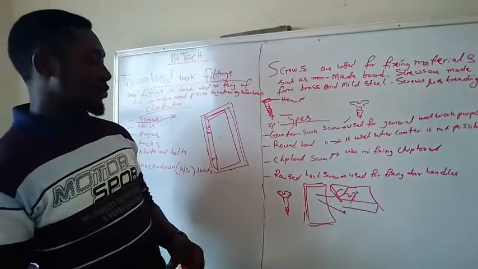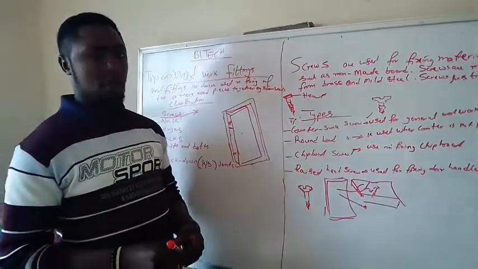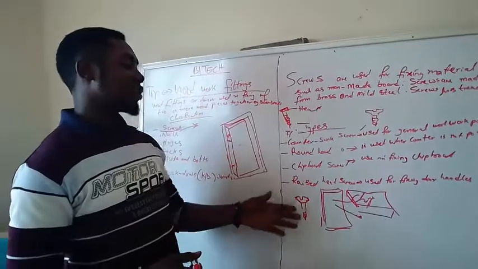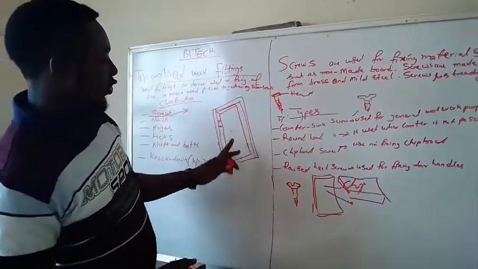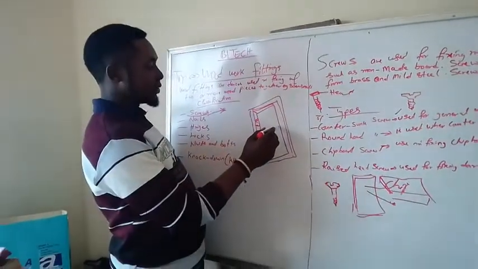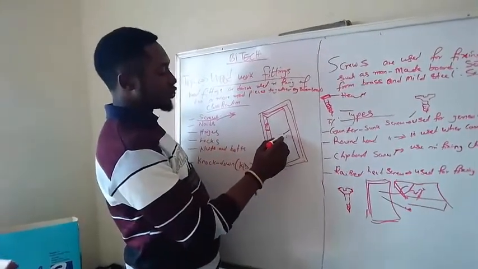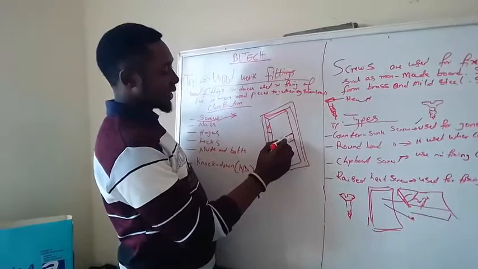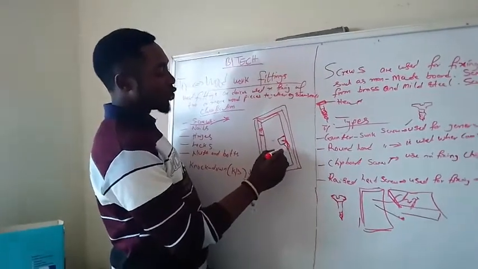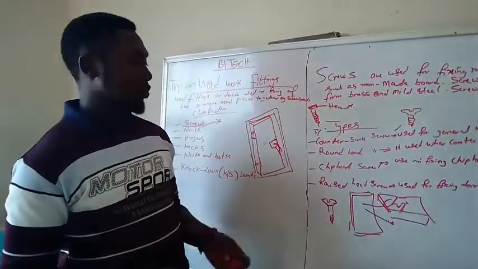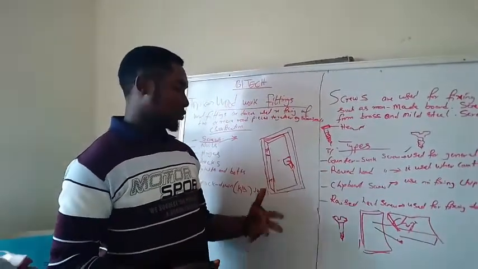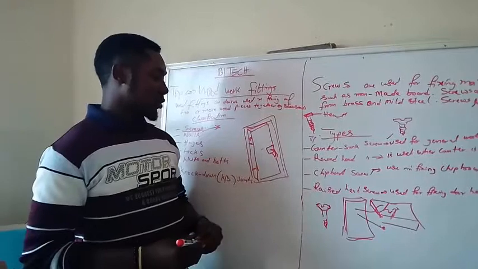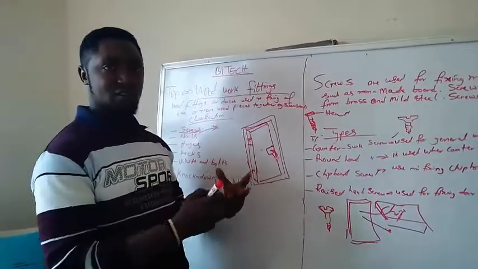Then the next one is the right head screw. The right head screw is also a device that is used in fixing door handles. After production of the door, you introduce the handle, and the handle will help you in opening and closing of the door. So the door handle cannot stand on its own, and you need to introduce the method of how to fix the door handle.